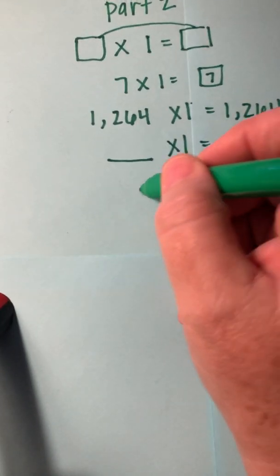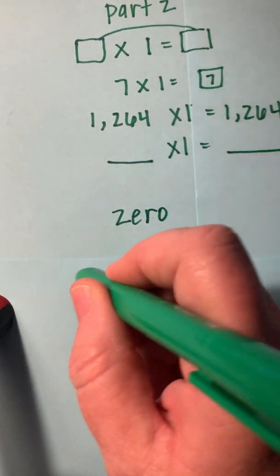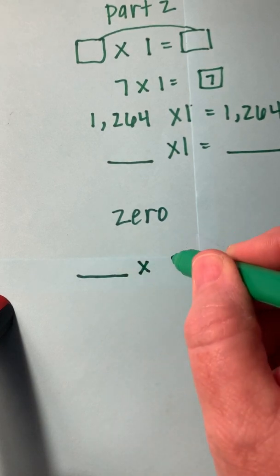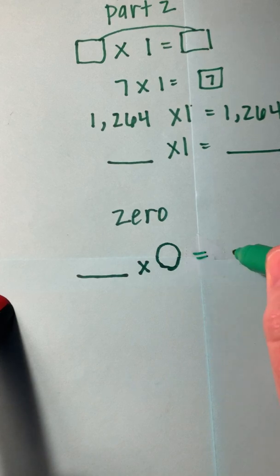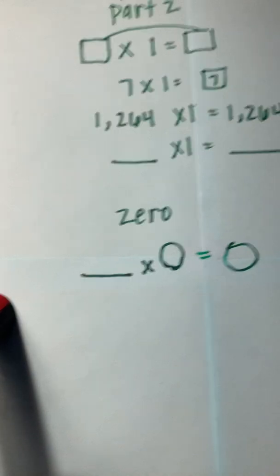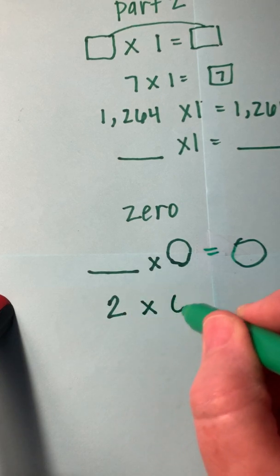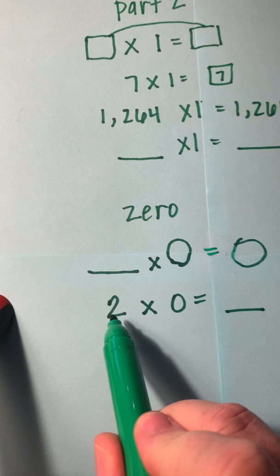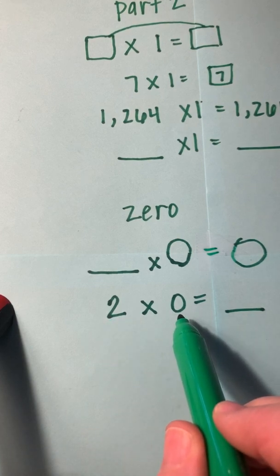All right, let's talk about 0. Any number in the world times 0 is going to be 0, and I'll show you why. Let's take 2 times 0. What does this mean? It means you have 2 zero times.